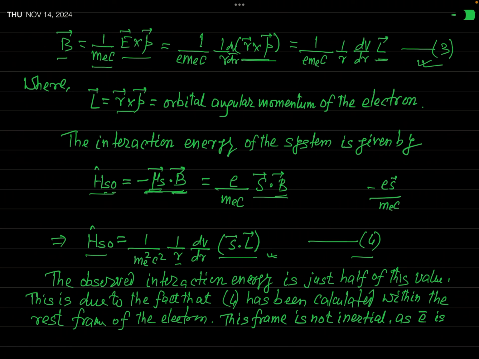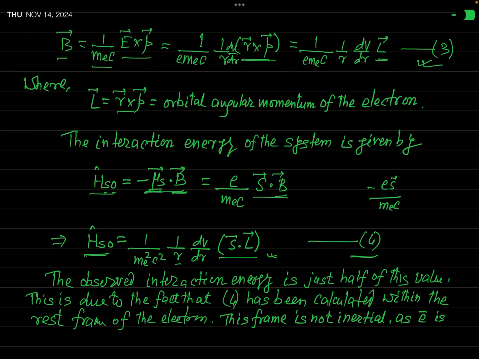It means this result is just twice the actual or observed value. Why is this energy just twice the spin orbit interaction? The reason is that equation 4, or this value of H_SO, has been calculated within the rest frame of the electron. I have used this term rest frame of electron several times. Okay.